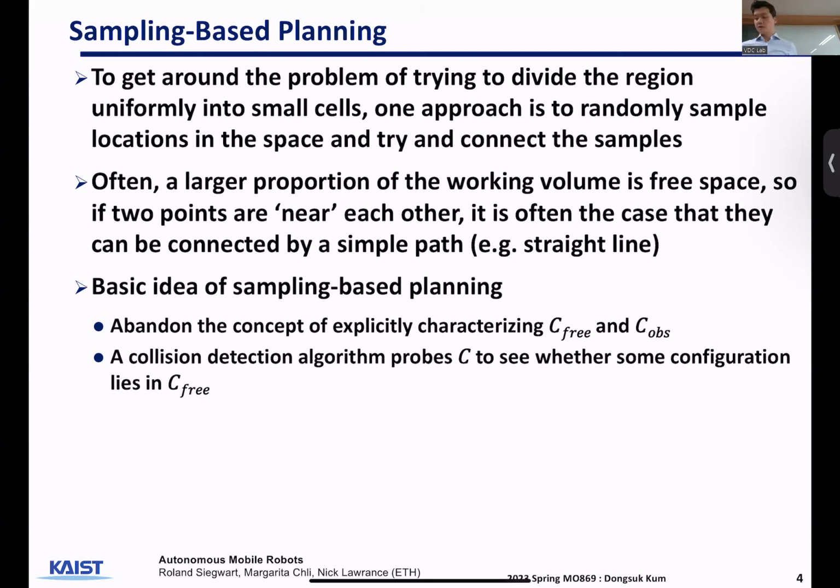But sometimes that's a lot of work, and sometimes that's not very efficient, because you need to first construct the entire graph before you start searching. That can be quite inefficient.